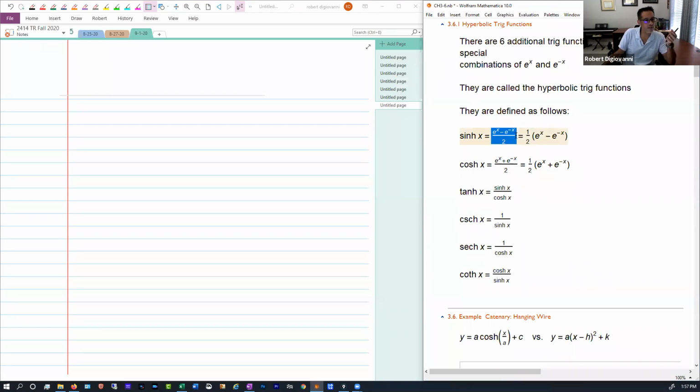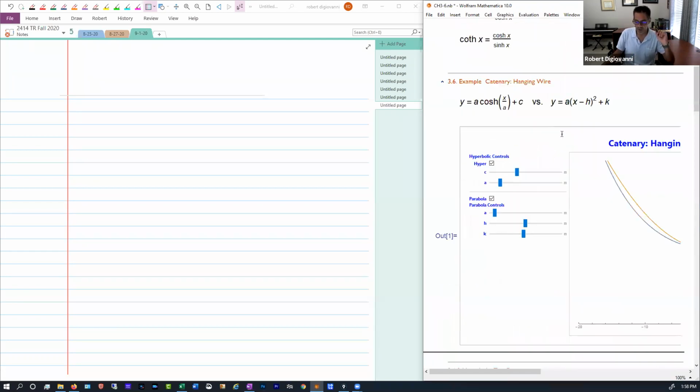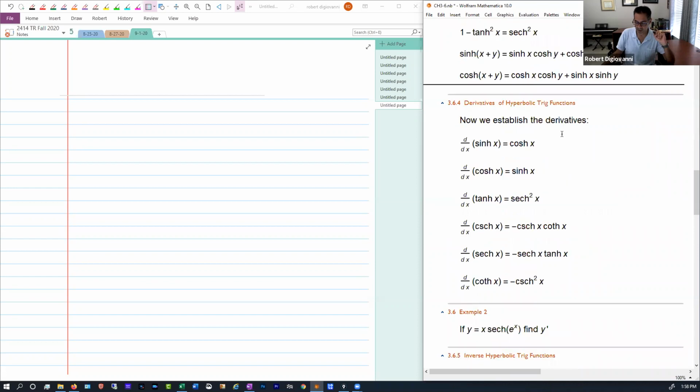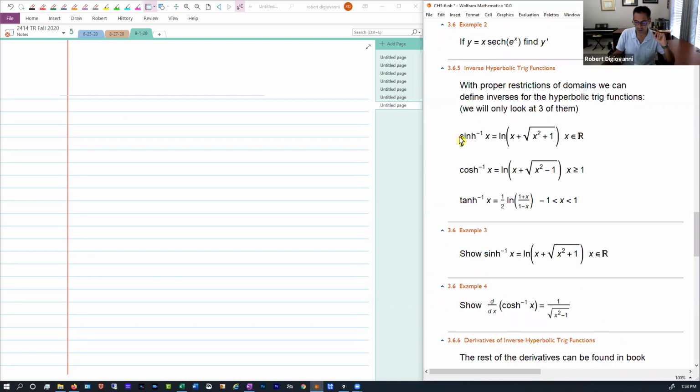That's what we were talking about a little while ago. If I want to plug 2 in, I just plug 2 in here and I've got an answer. Well, the inverses, remember, are the functions that undo these, right? So let's just look at the hyperbolic sine function, the inverse hyperbolic sine. And what do you know? There's a nice formula for it.